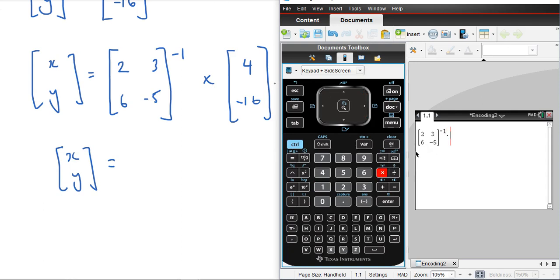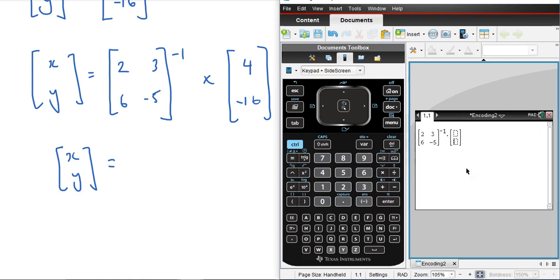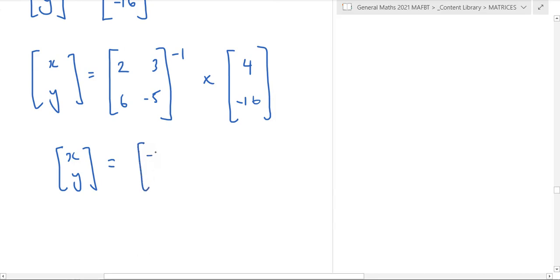So times this column matrix, 4 and -16. So the answer to X and Y is -1 and 2. That means X is -1, Y is 2.